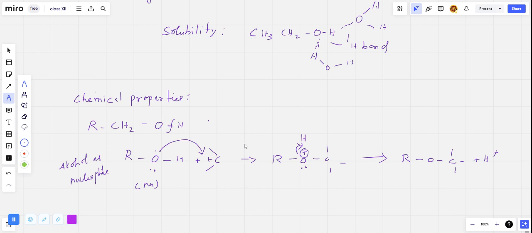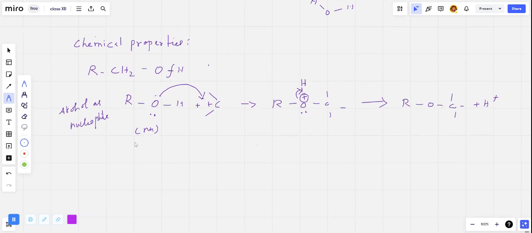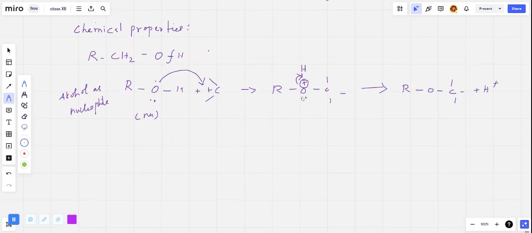So here the alcohol acts as a nucleophile. This is the first step.